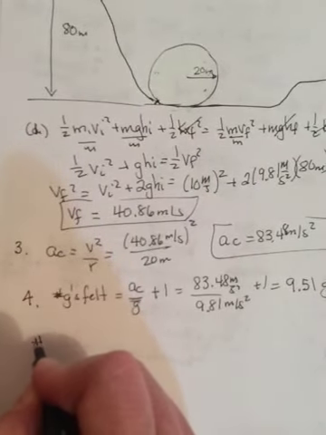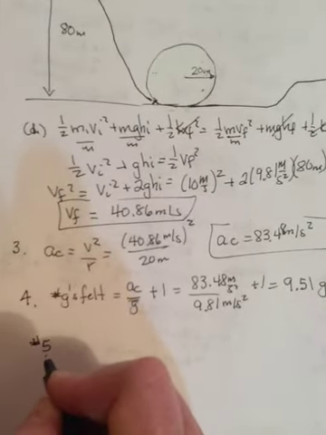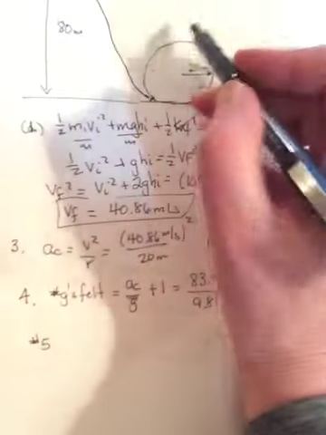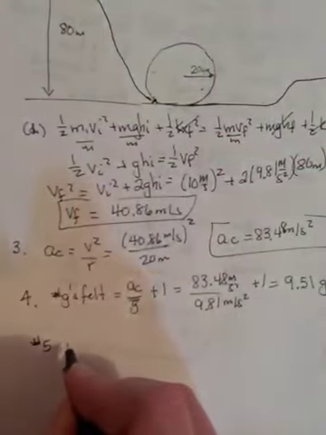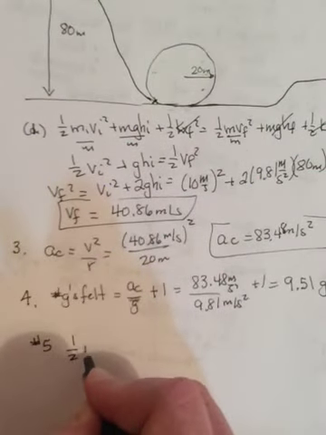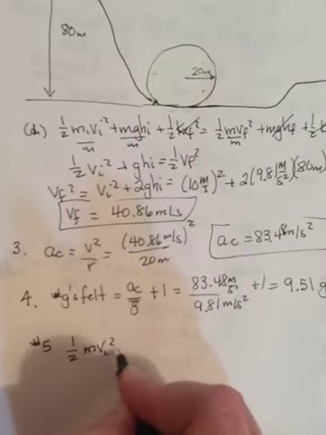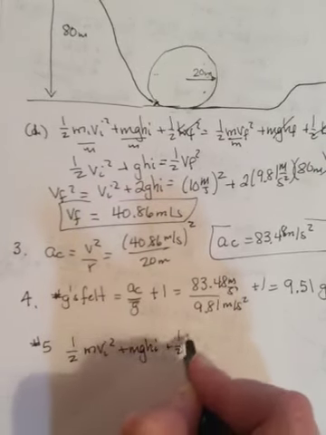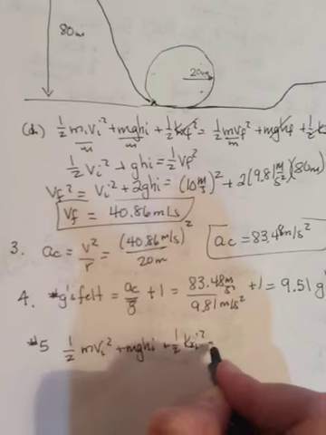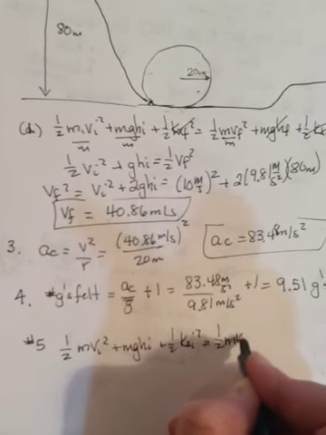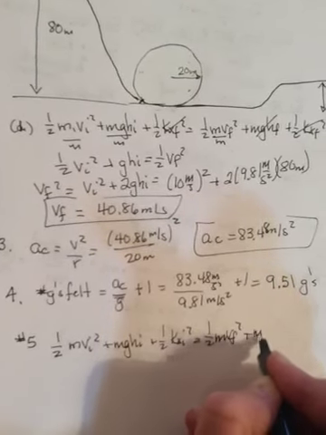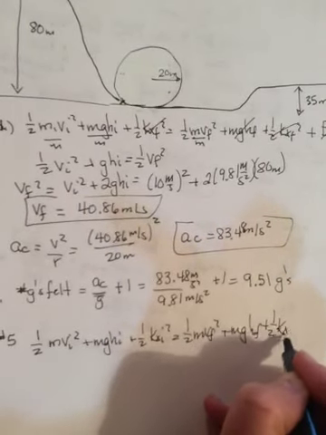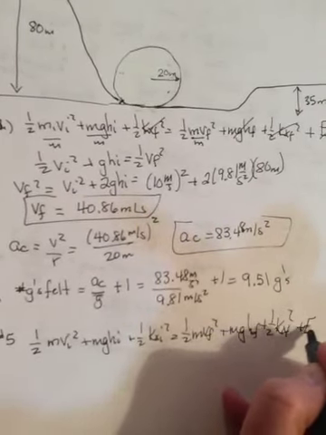All right. Number 5 says, how fast is the roller coaster car traveling at the top of the loop? So up here, I would do energy again, because you've changed height, which means you're changing speed. So 1/2 m v initial squared plus m g h initial plus 1/2 k x initial squared equals 1/2 m v final squared plus m g h final plus 1/2 k x final squared plus E lost.